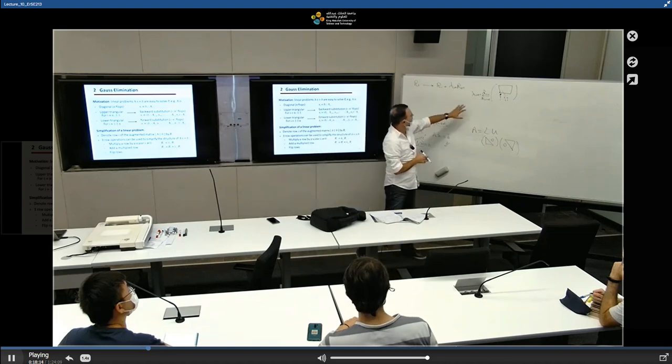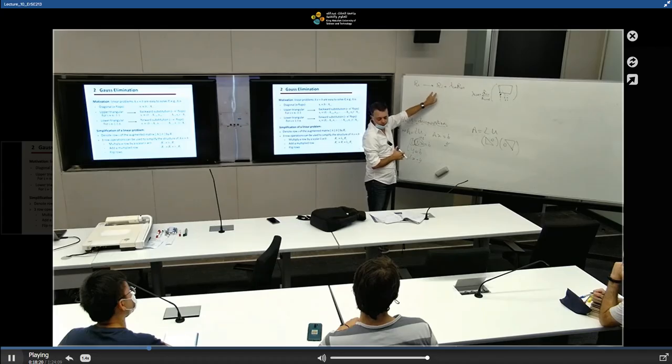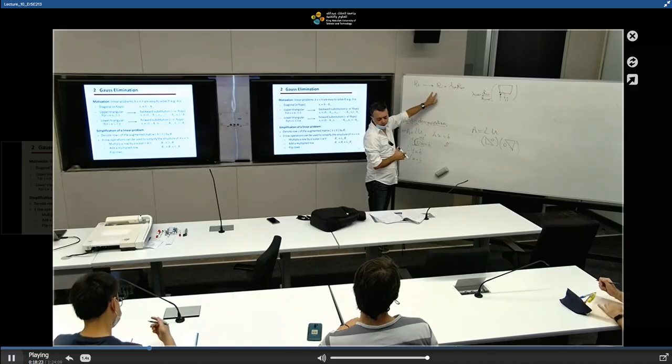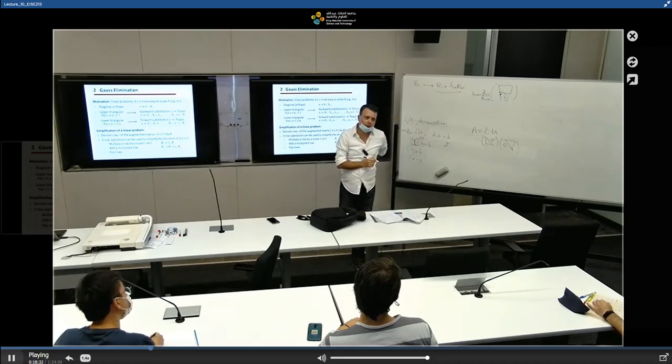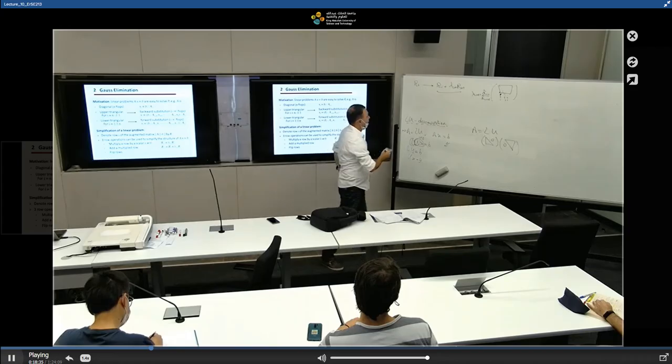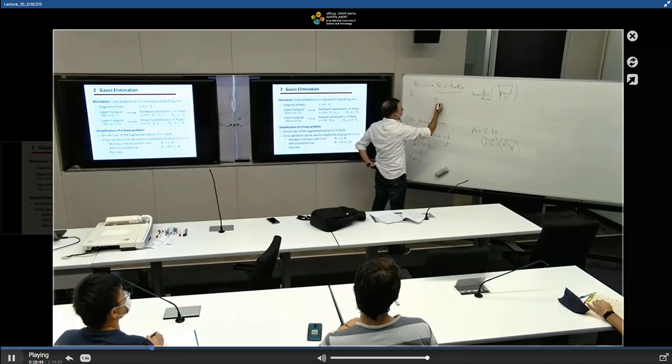Now, I can write this operation in a matrix form. How do I write it as a matrix form? This operation can be written as a multiplication by a matrix. It's like multiplying the matrix after operations, A tilde, I don't know how you call it, by a matrix Mij, which is equal to what?